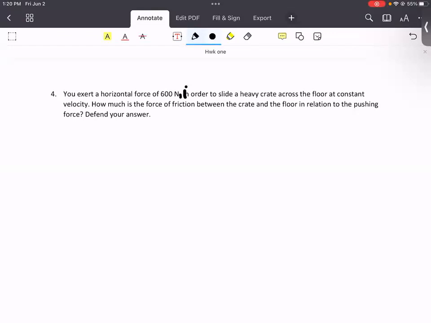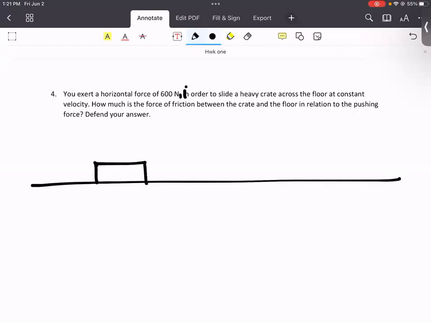So I'm seeing this problem as similar to the one we just finished. This is the problem that we have here. And then you exert your force here, which is about 600 newtons.